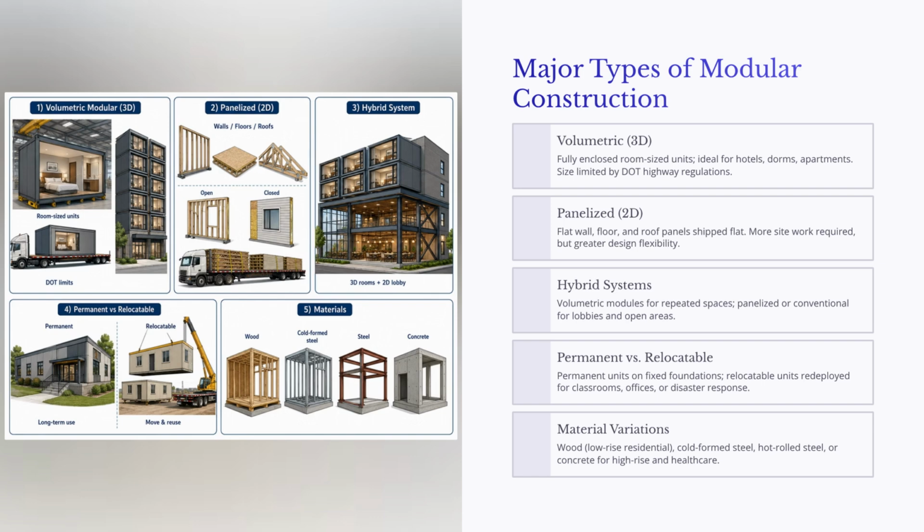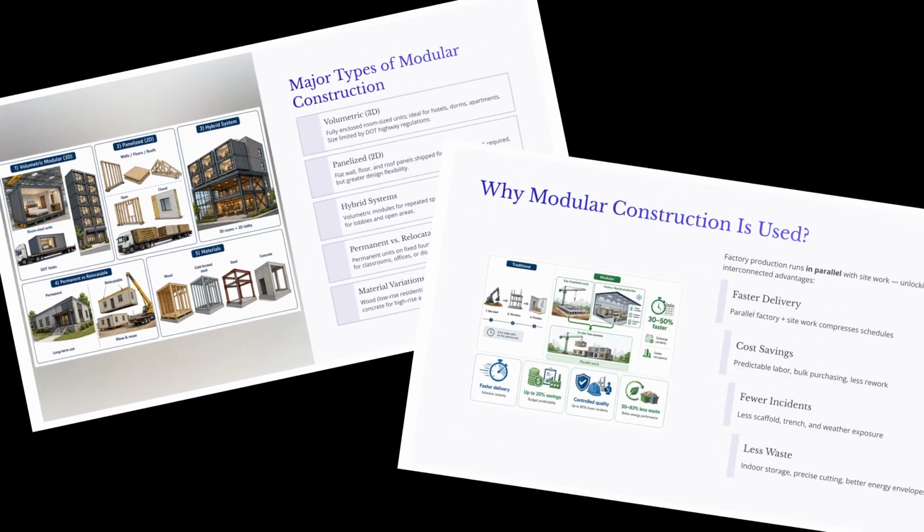Finally, modular construction can use different structural materials, including wood, cold-formed steel, structural steel, concrete, or composite systems. The best choice depends on building height, fire resistance, sound control, structural needs, cost, and local market conditions.